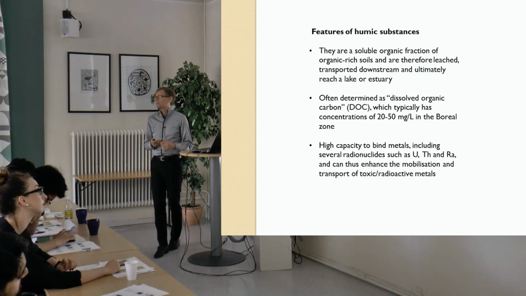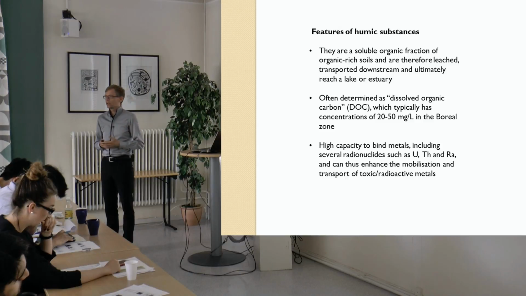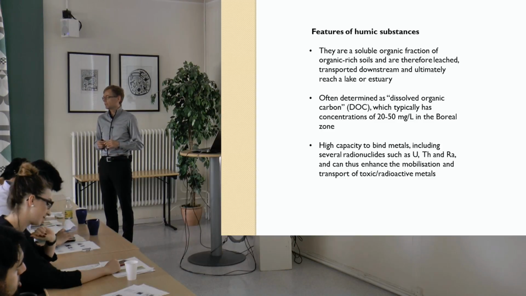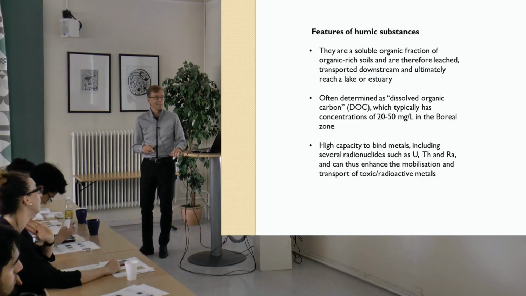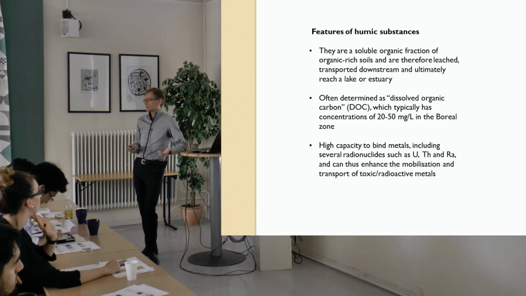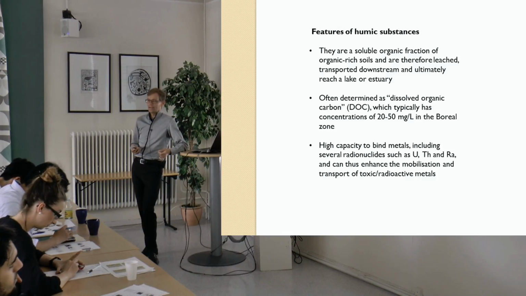And when we want to analyze these, we normally measure the dissolved organic carbon, which then occurs in concentrations of 20 to 50 milligram per liter. When it goes below 10, then the water starts to be clear, like in the sea, and so on.